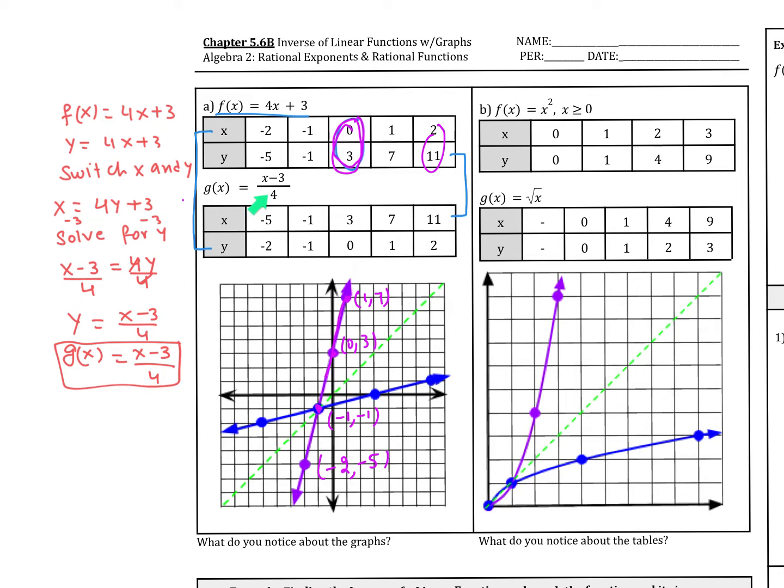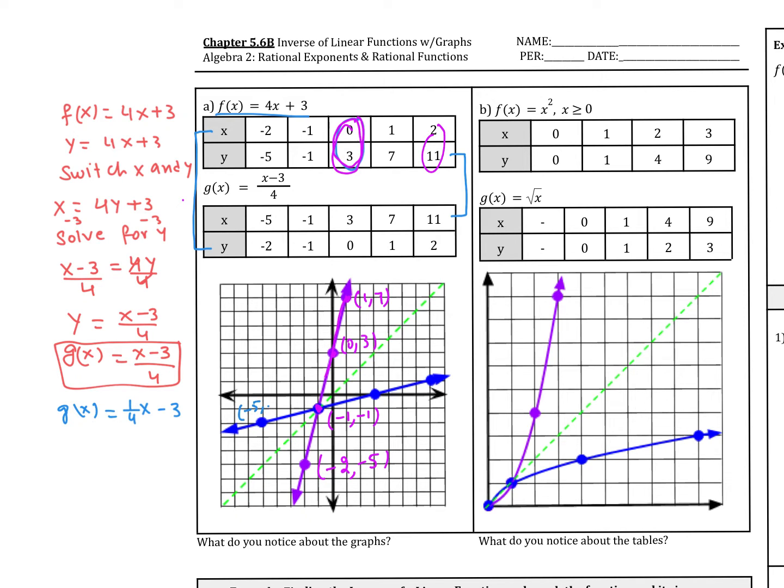Now this is g(x), which is this one right here. If you turn g(x) into g(x) equals (x minus 3) over 4, you can compare it with mx plus b. The points are -5, -2, right here.